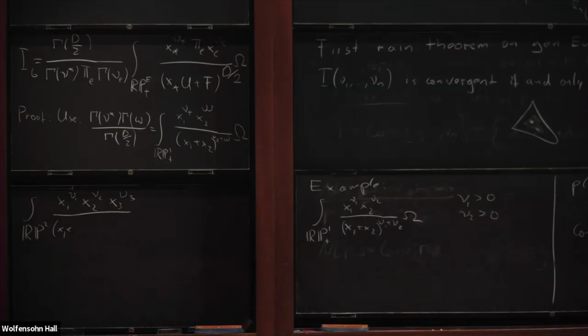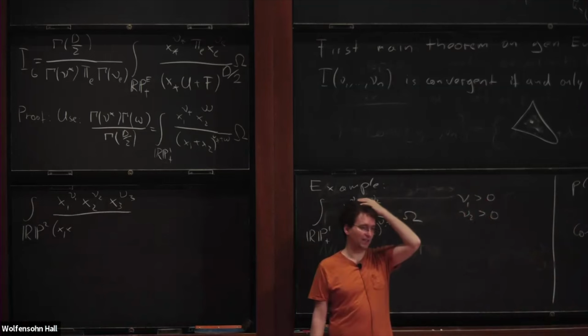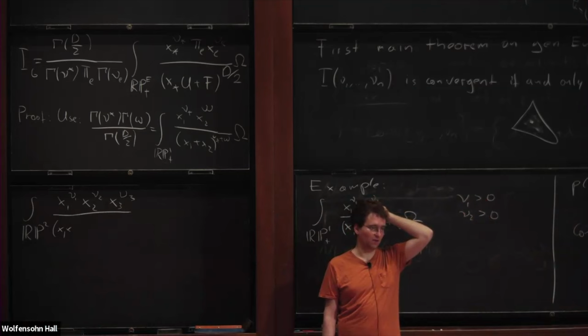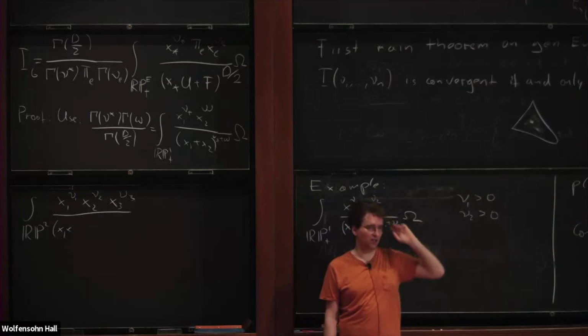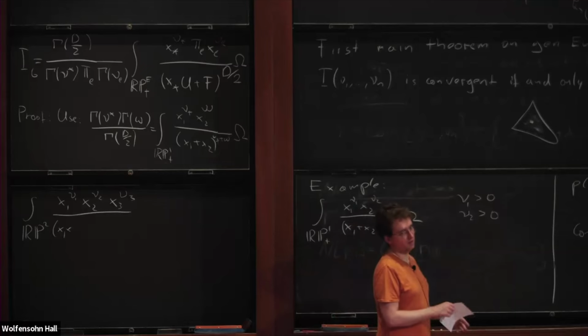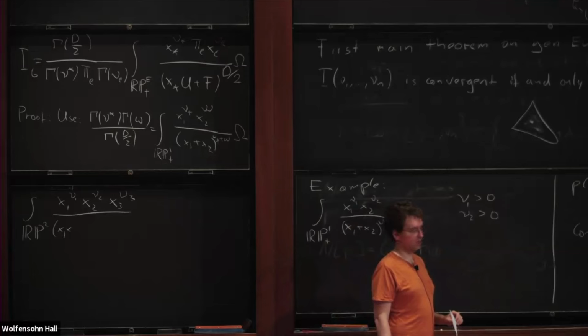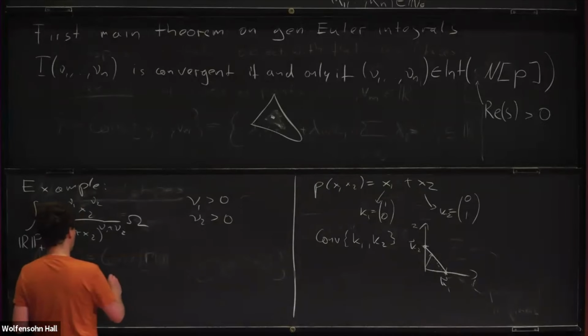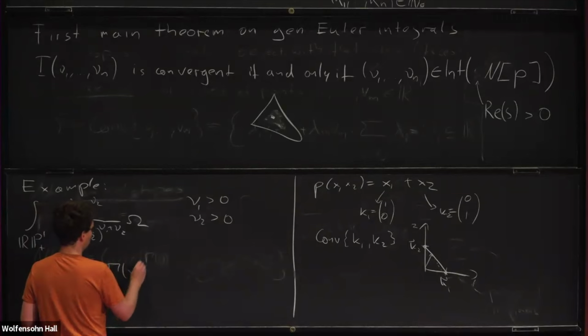The integral is not convergent, so the integral is only convergent for nu positive, but there's an analytic continuation of the beta function. This is something that I'm going to talk about next. So you can analytically continue the beta function to all values of nu, but you have to do that by hand. So another example is this function here.